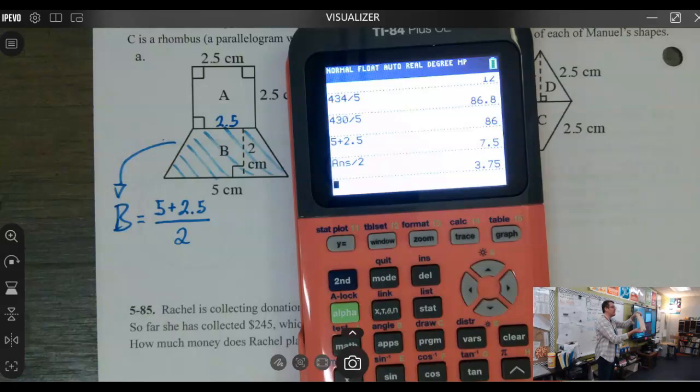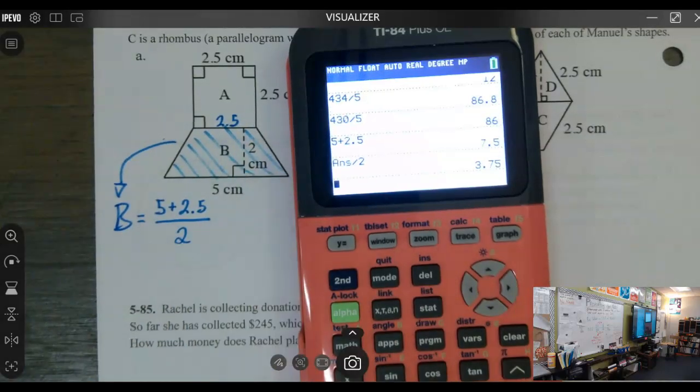But then, if it's a rectangle, how do I find area of a rectangle? Shout it out. Length times width, right? So the 2 dimensions. So we said this is now 3.75. How tall is it? It doesn't change, so it's still 2.